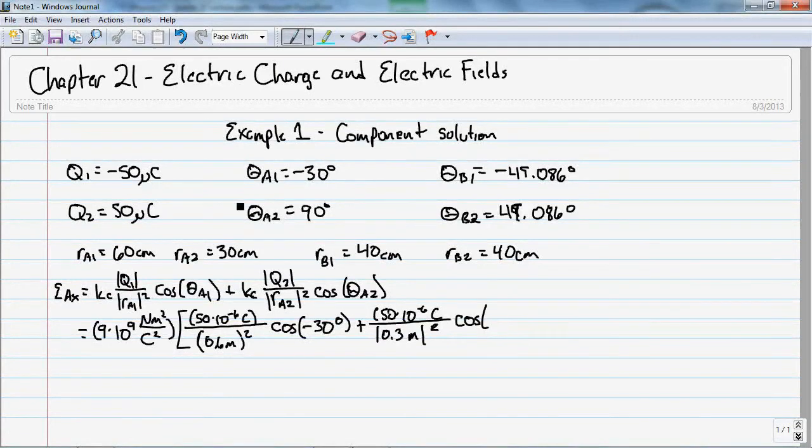Cosine A2 is going to be 90 degrees. And that equals 1.082 times 10 to the 6th newtons per coulomb.